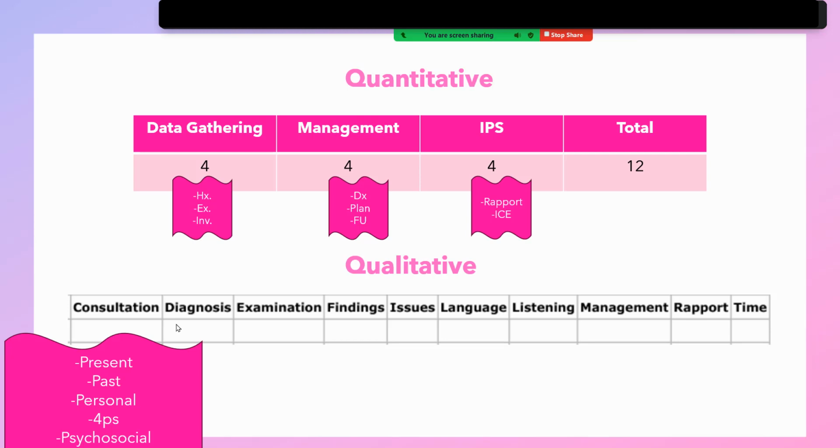The patient is a smoker, he traveled to Africa recently, and he is a gardener. Okay, so what are your differentials in this case? You can think of asthma. You can think of COPD because of the smoking. You can think of TB because he traveled to Africa and the cough is for a long period. Okay?